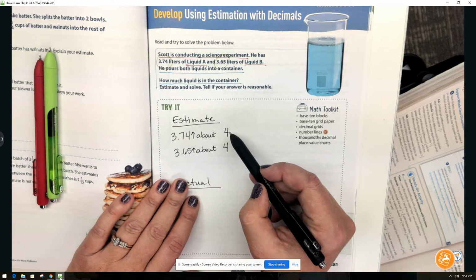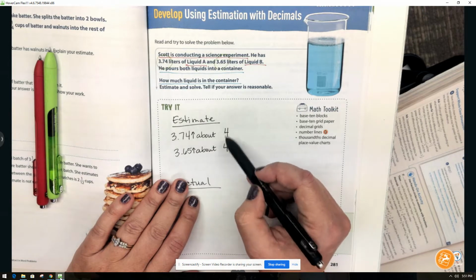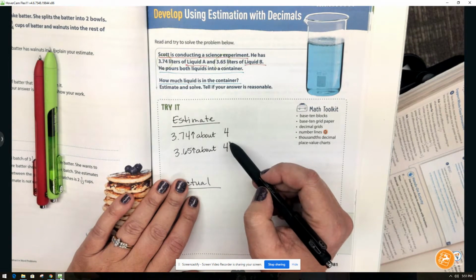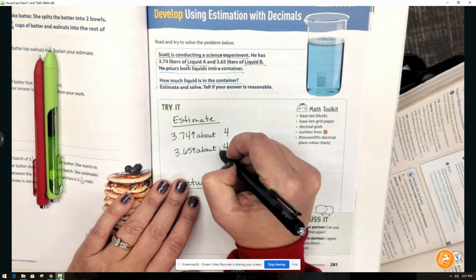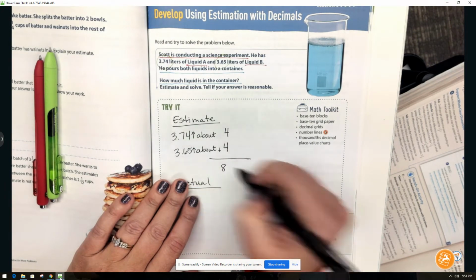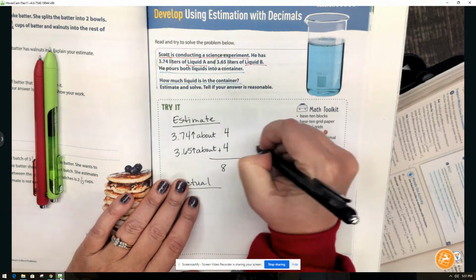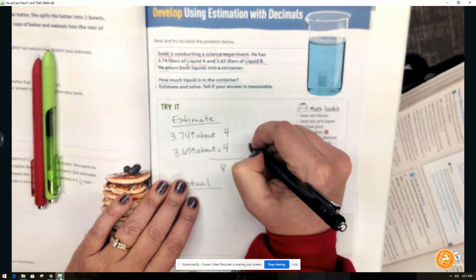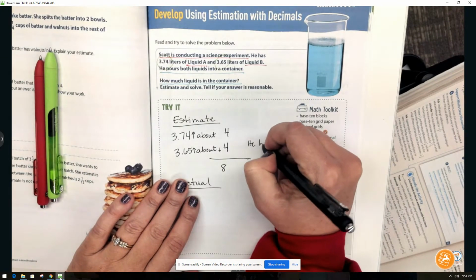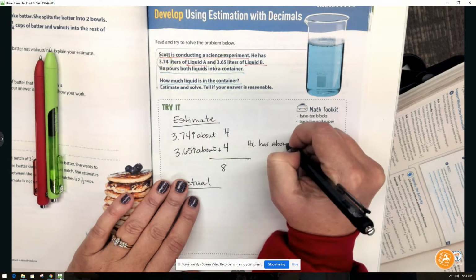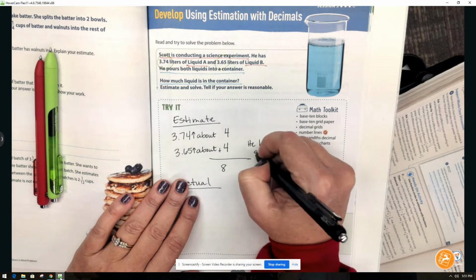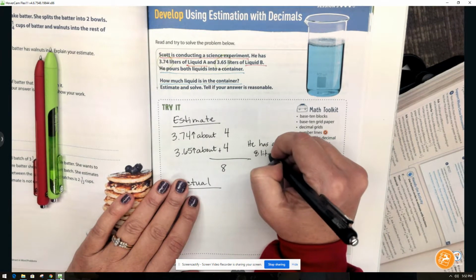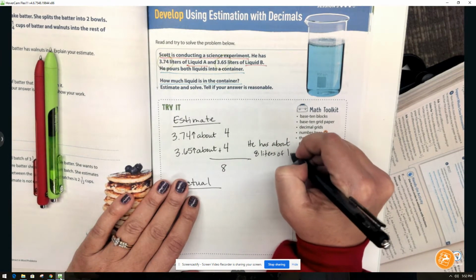Then we would have 4 plus 4, which equals 8. So he has about 8 liters of liquid.